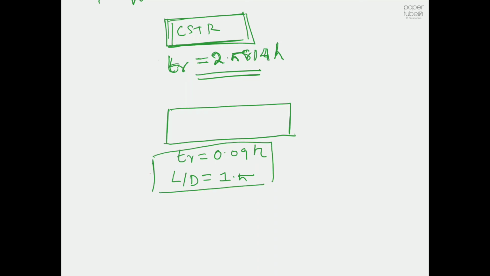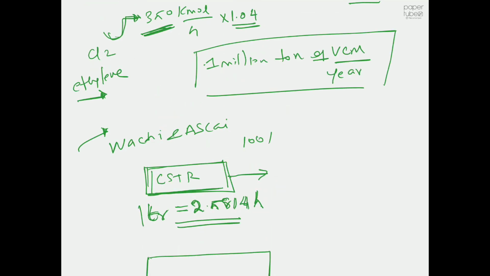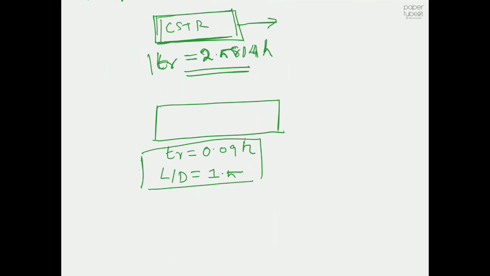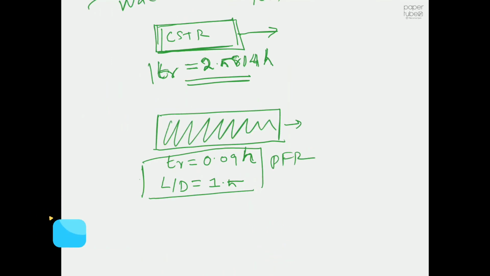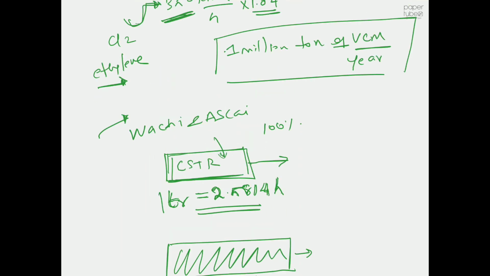This time ensures near 100% conversion in the CSTR, and the residence time of 0.09 hour ensures near 100% conversion in a plug flow reactor. This is a catalytic reactor. Again here we are also adding some catalyst inside, both copper chloride, CuCl2, catalyst.